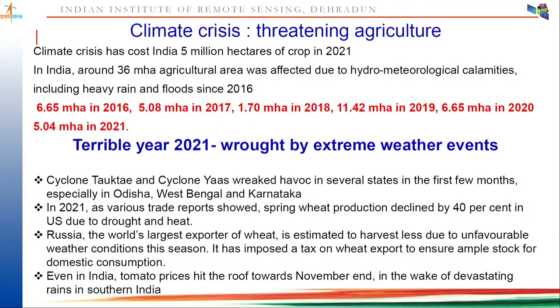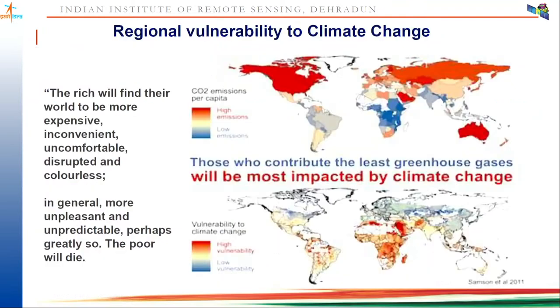Now this we have already discussed in the last lecture. The impact of climate change now surfaces in the form of various natural calamities and extreme weather events occurring all across the world, whether it is cyclones, floods, heat waves, or declining wheat production due to climate change, all happening in the US, Russia, India also.